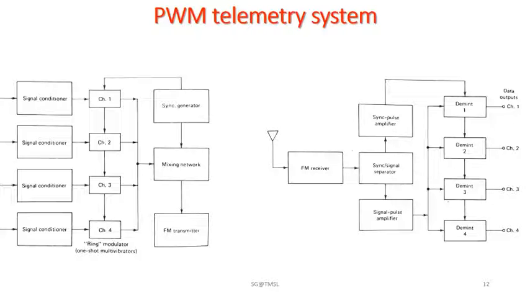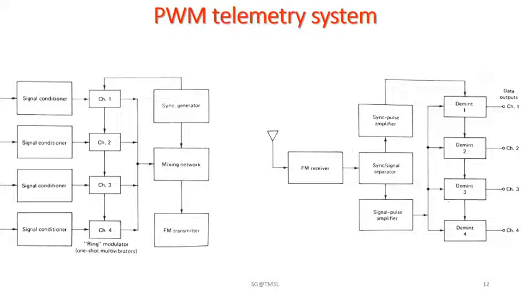The sync pulse turns on the first channel, the one-shot multivibrator circuit, and it remains on for a time period of T1, assume. That is based on the level of physiological data which is fed into it at that instant of time, so that its output pulse has a time period of T1.